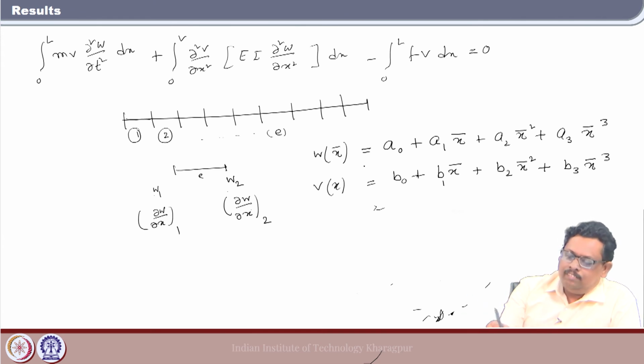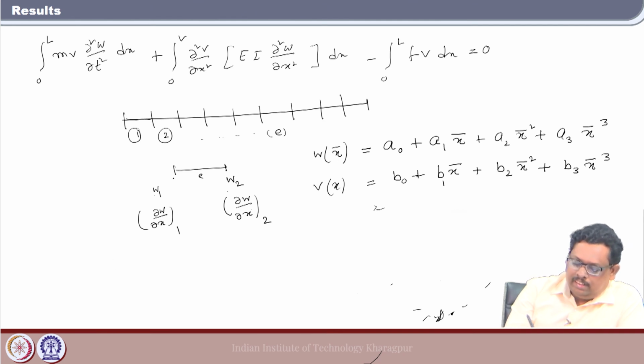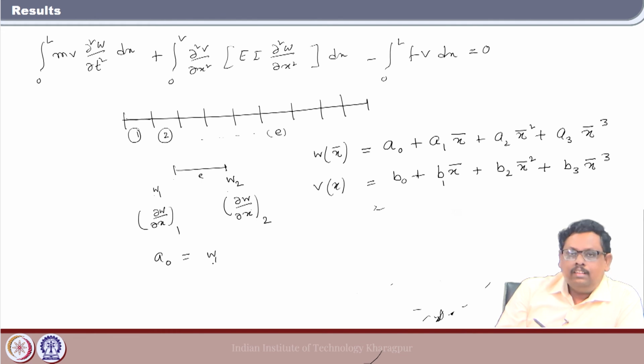So, now the thing is that I have these 4. Now, let me very quickly say that I can express, if I put x bar equal to 0, then A 0 equals W 1, right.